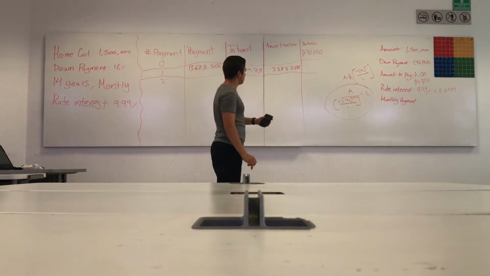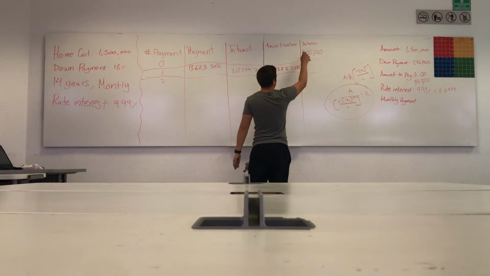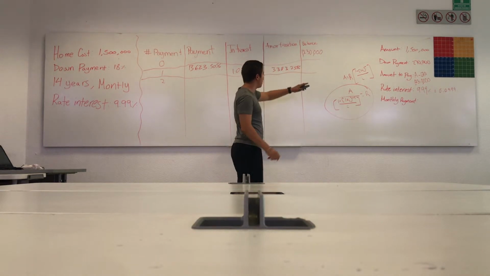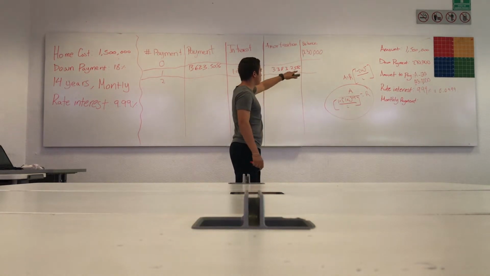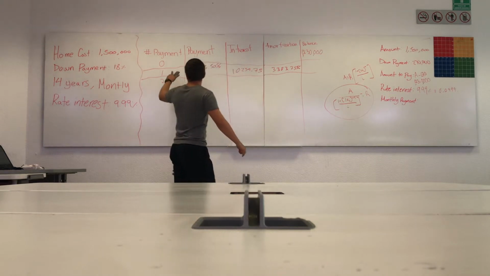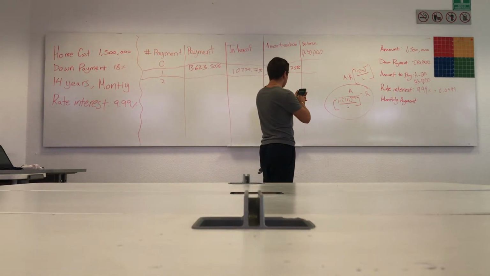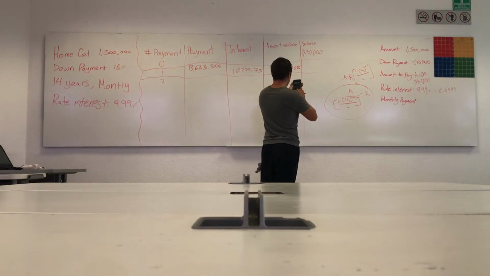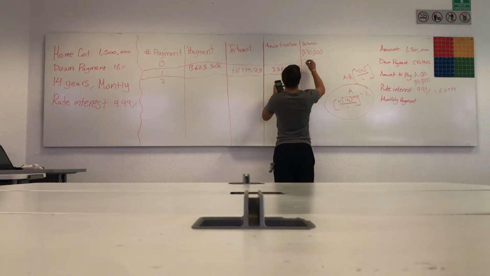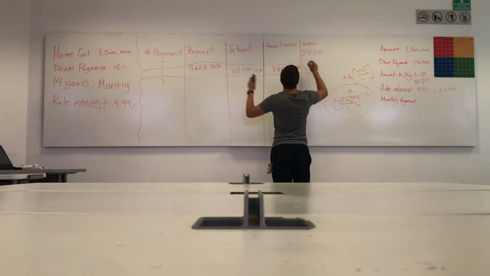And lastly, you subtract the amortization from the first balance, that is the amount to pay, and it will give you the balance of that payment number. And this is the final balance of payment number 1.